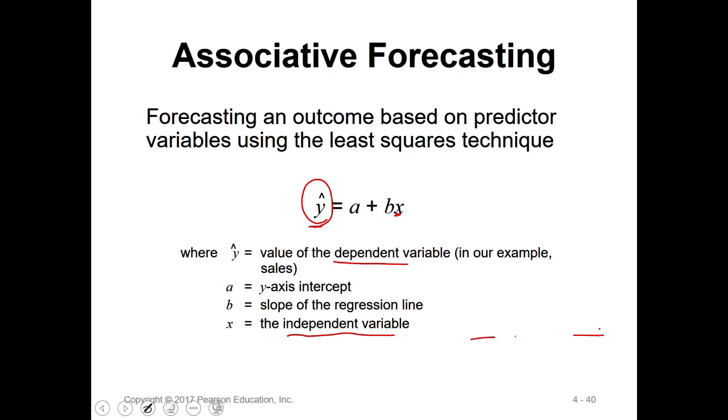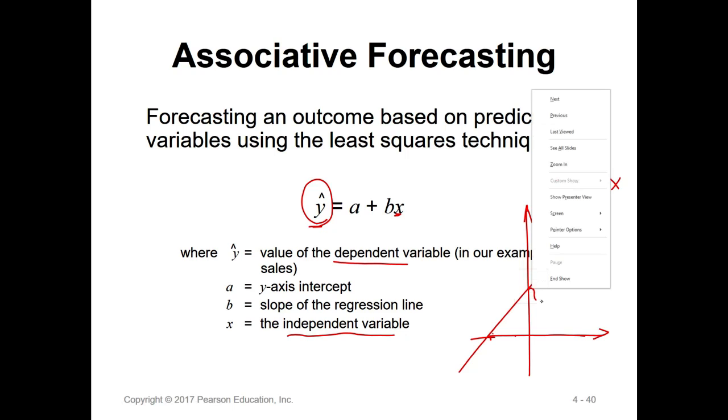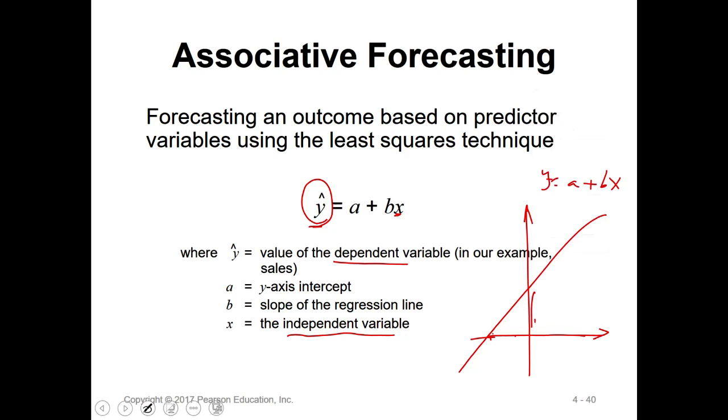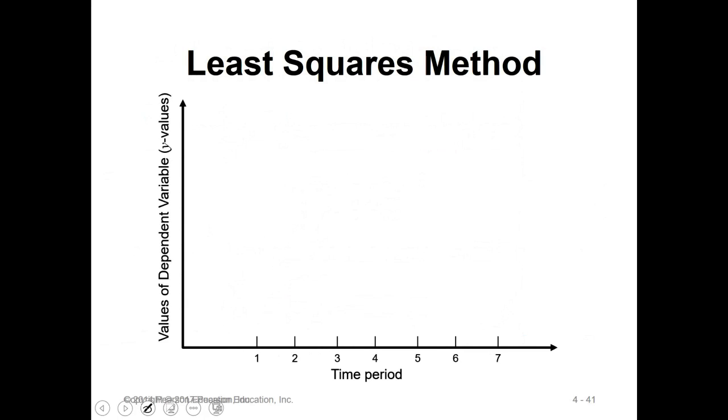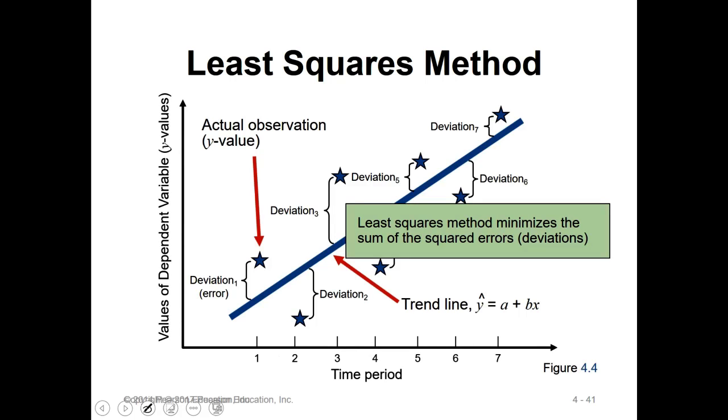Here, if you see, this is the drawing of y equals a plus bx. Here is the intercept value, and b is the slope of the change. We call this the least square method. When you look at this chart, you see all the stars.